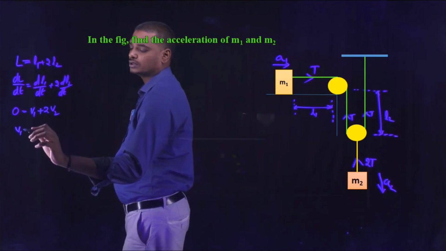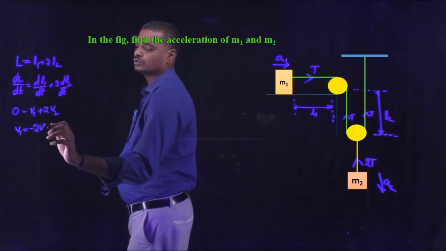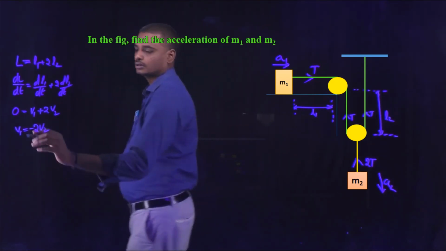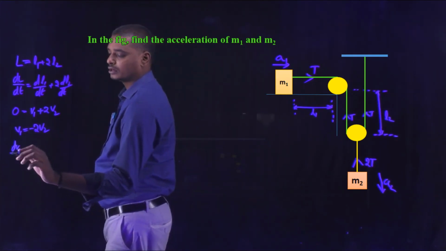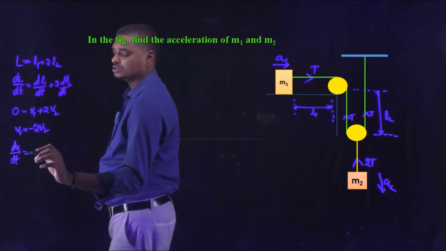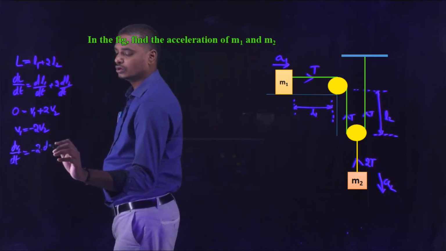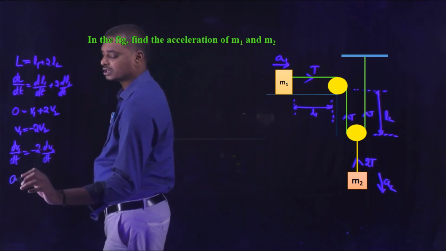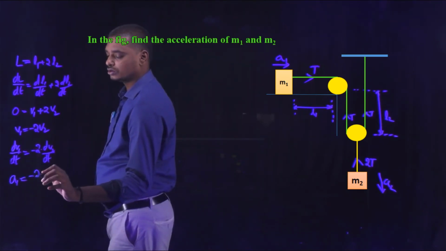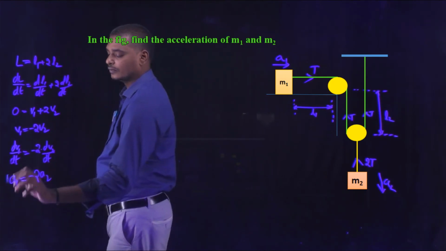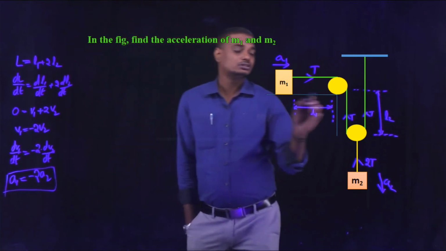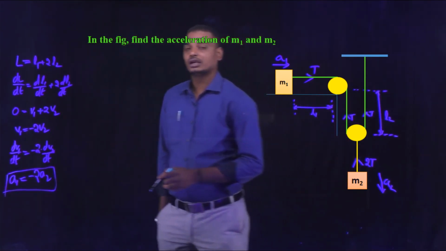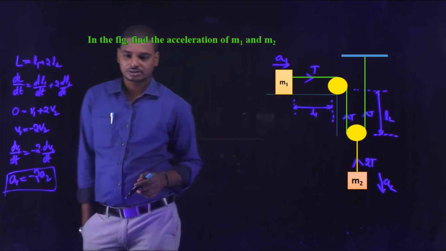Therefore v1 is equal to minus 2v2. Differentiating again with respect to time, dv1/dt is the acceleration of the first block, which is equal to minus 2 into a2. The negative sign indicates that the acceleration of the first block is in this direction and the acceleration of the second block is in this direction.